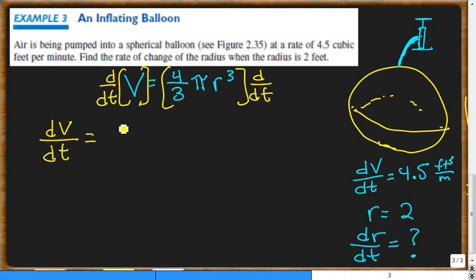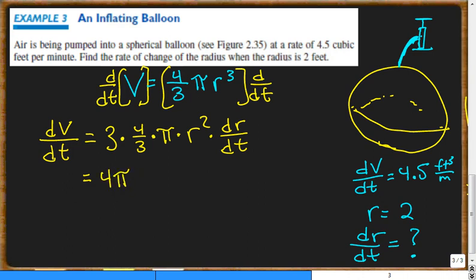So we get 3 times 4/3 times pi times r squared, and then finally times dr dt. So if we simplified this, this would be 4 pi r squared dr dt equals dV over dt.